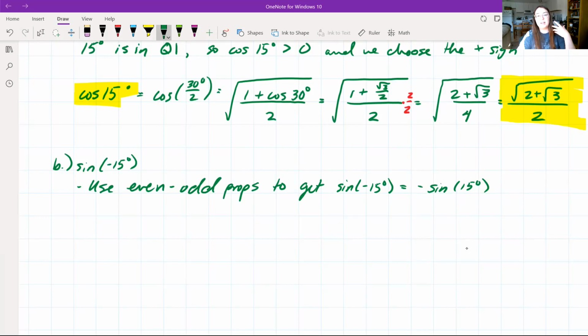So we already have a negative on the outside of sine, which means that our final answer will have a negative despite what we already have for the positive or negative sign. We can very quickly identify sine of 15 degrees is going to be in quadrant 1.